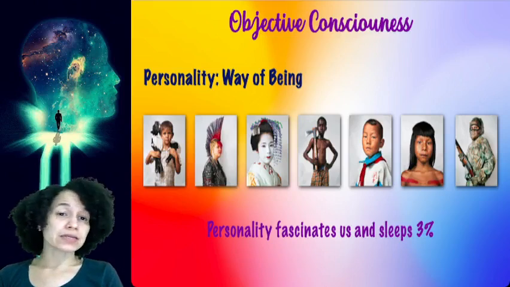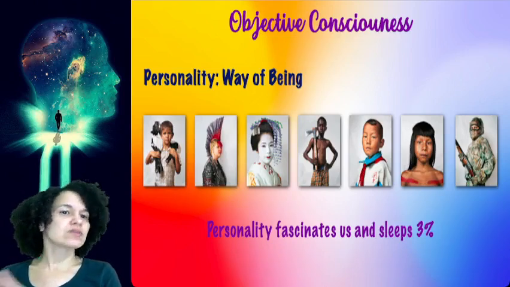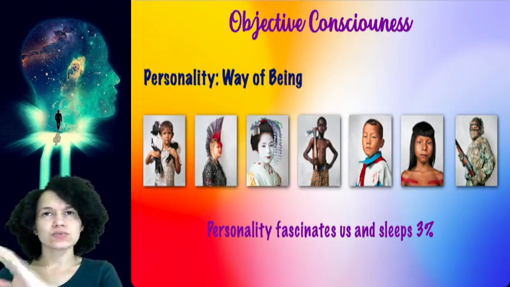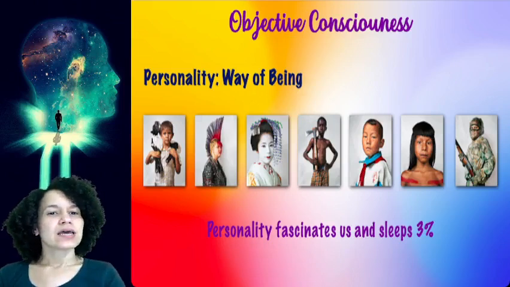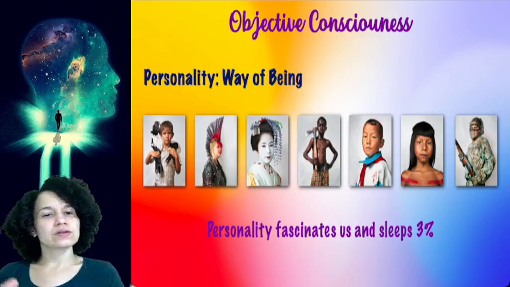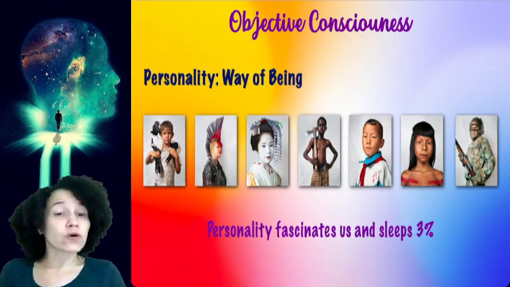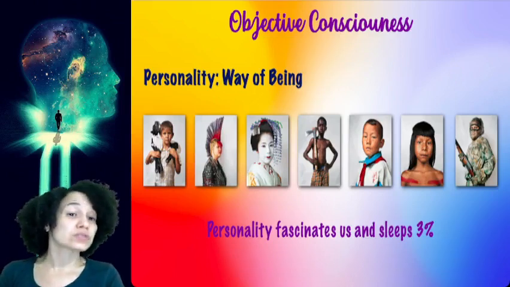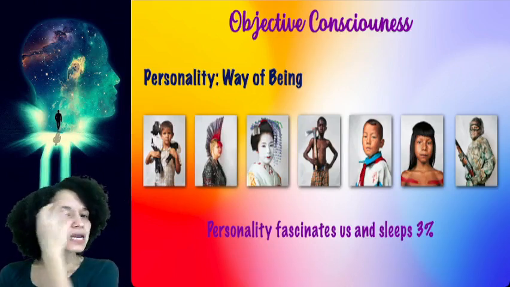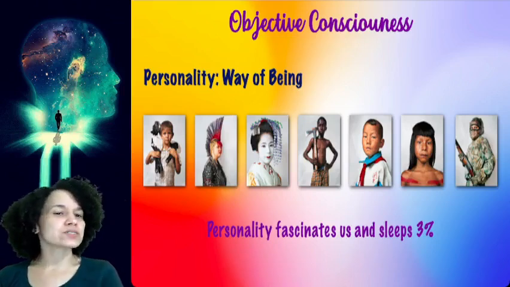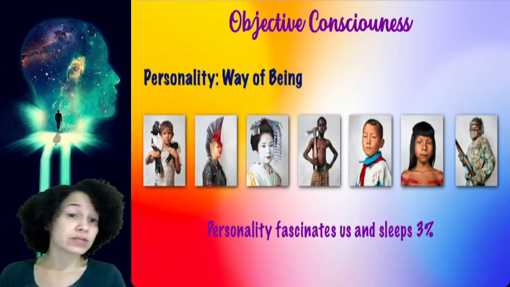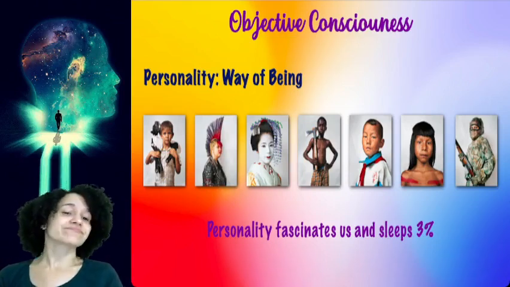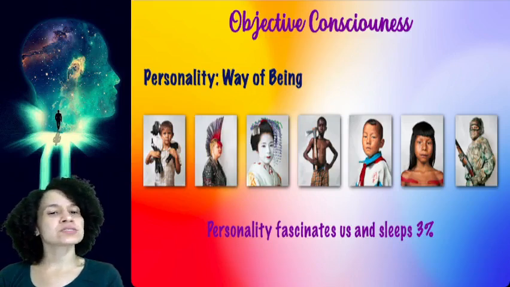The personality is fascinated with the different things that we find in this physical world. And when the personality is formed, it slips the 3% of consciousness that was awake. When we are fascinated with school, with friends, with money, with movies, with the girlfriend, with fornication, the 3% of consciousness falls asleep.